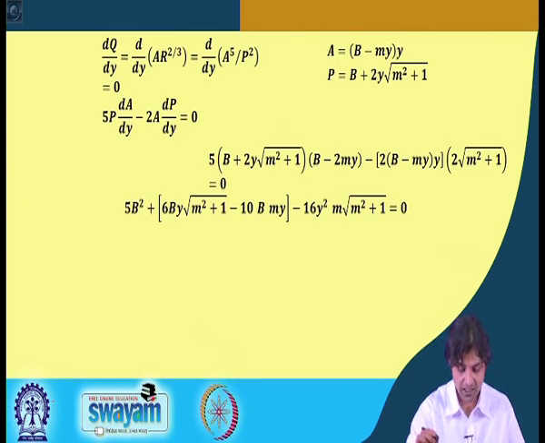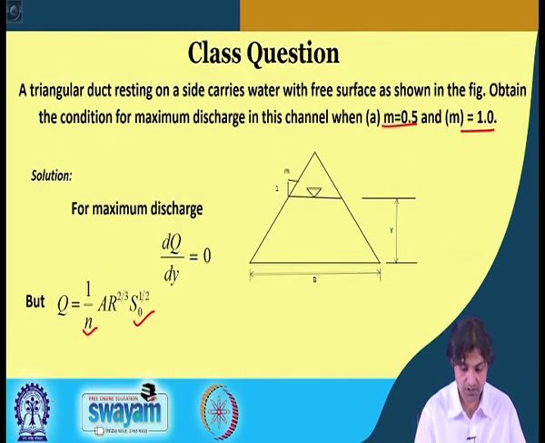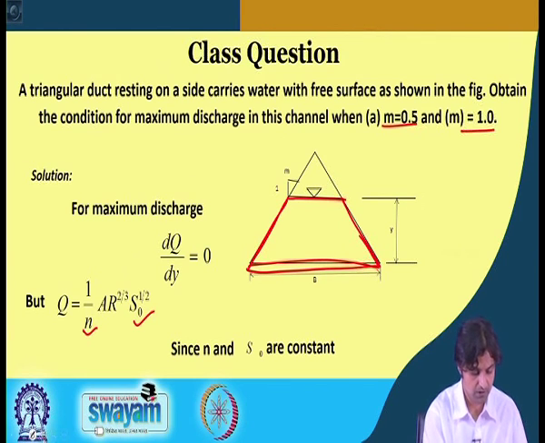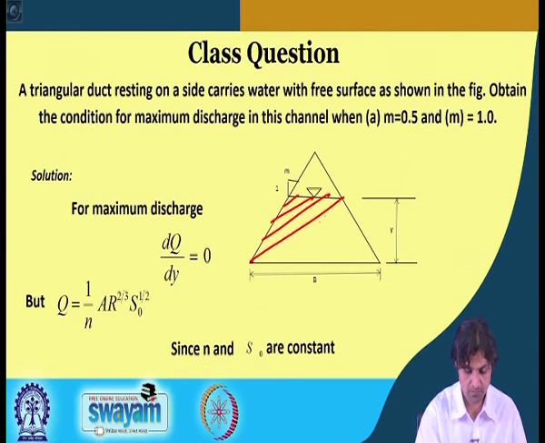So, where the area is (b minus my) into y. If you go and look at it, it is very simple. This is the area submerged, alright, and this is the perimeter as well. This is the area and this is simple trigonometry, so you can find out m.